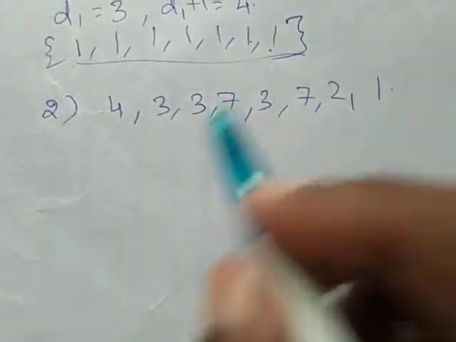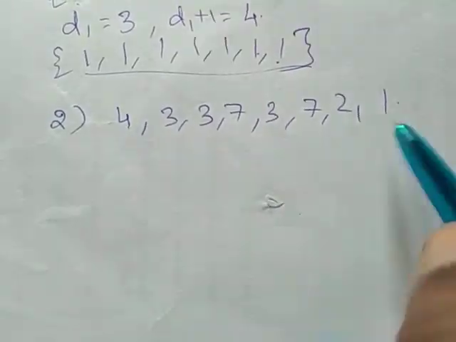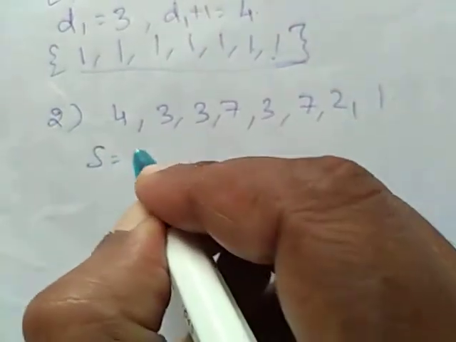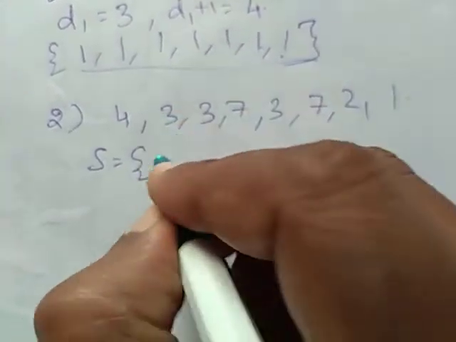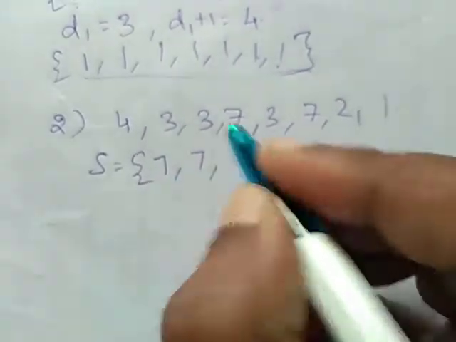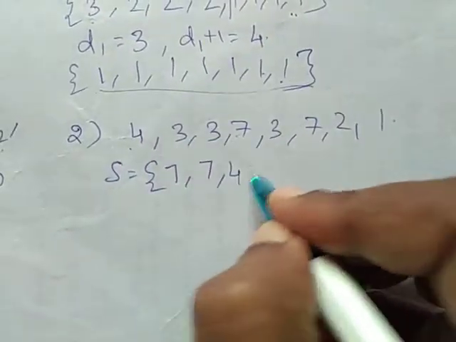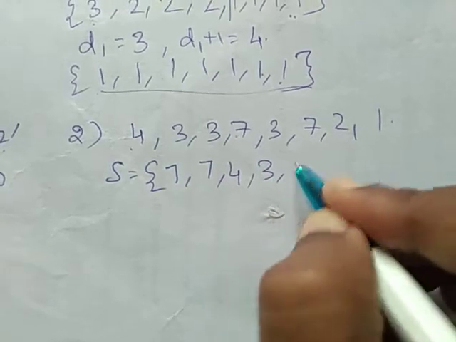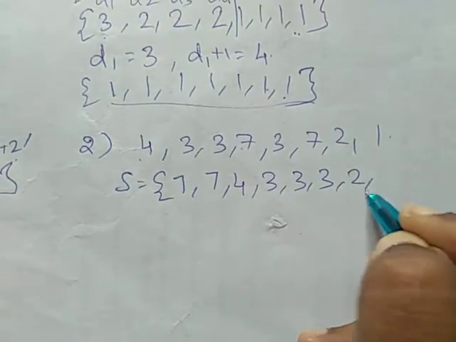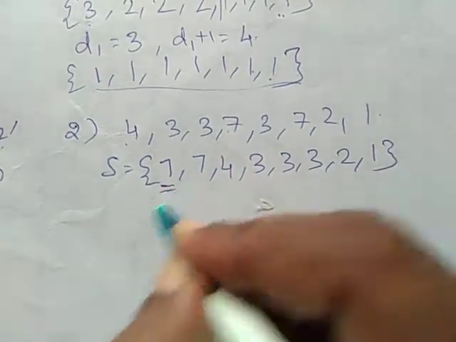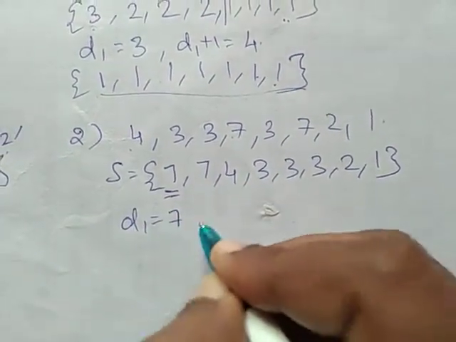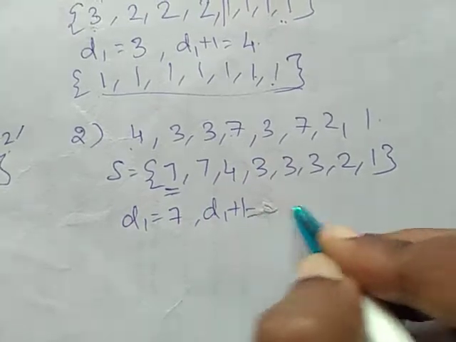So, the very first thing is we should write this sequence in non-increasing order. It means decreasing order. So, 7, 7, 4, 3, 2, 1. This is our sequence now. D1 is 7. So, what is D1 plus 1? 8.